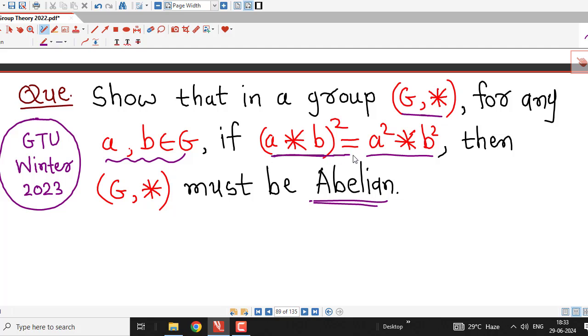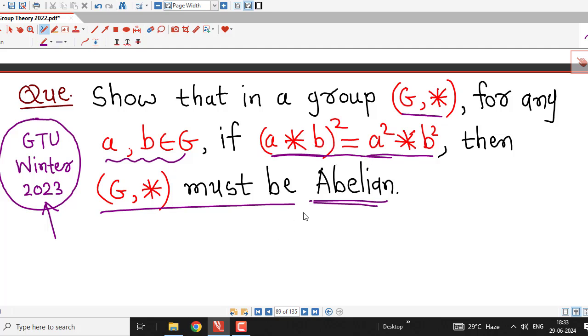If square of A star B equal to A square star B square for any two elements in a group G, then that group G is abelian group. This was asked in GTU Winter 2023 exam.